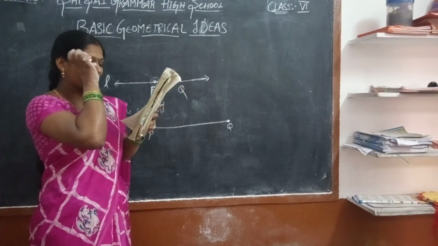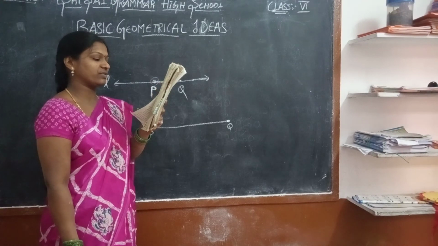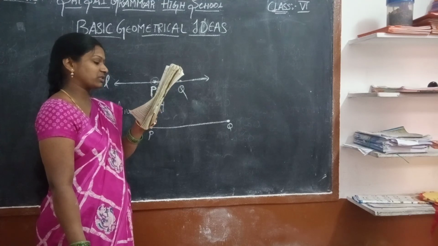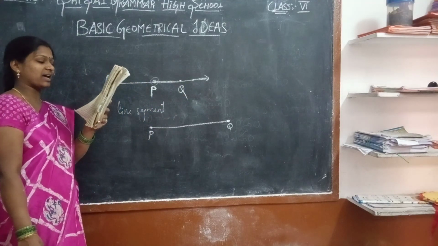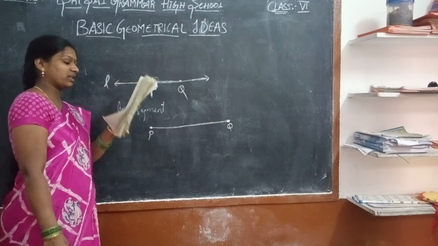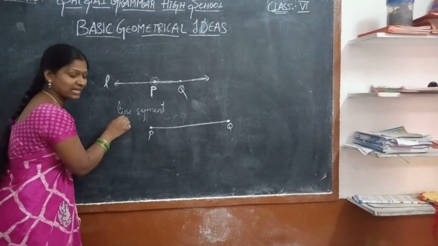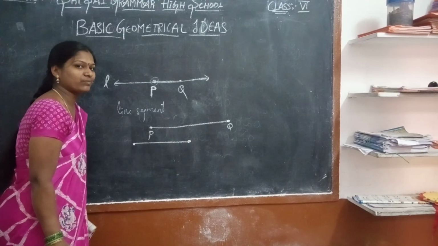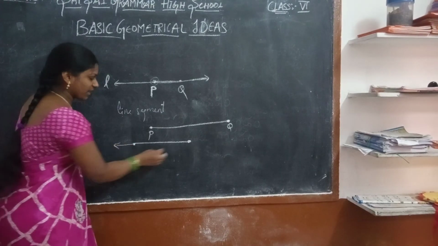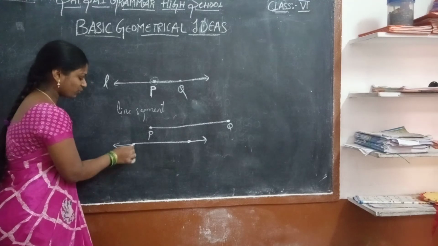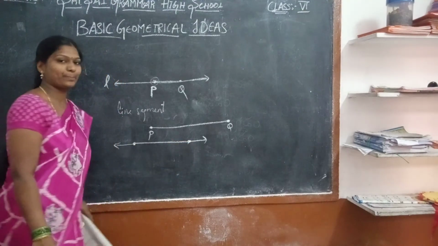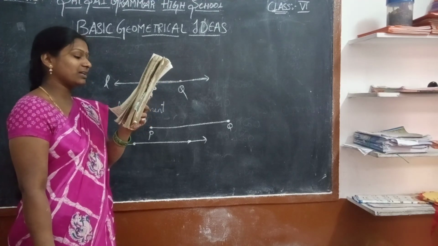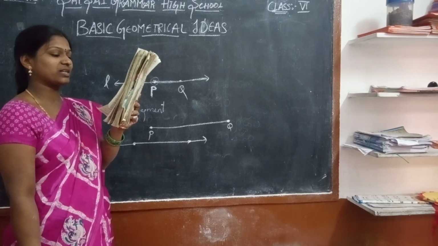A line is obtained when a line segment extends on both sides indefinitely. The line is obtained when PQ is extended on both sides indefinitely.